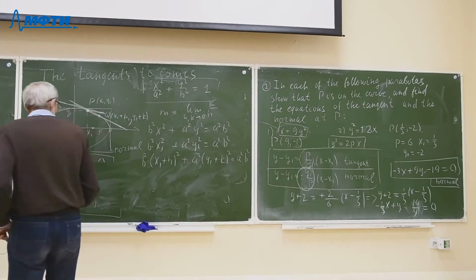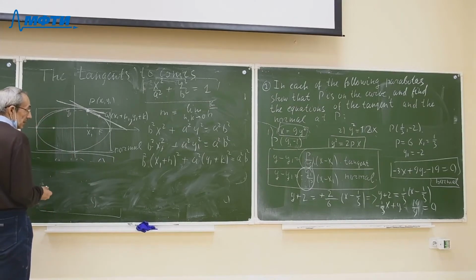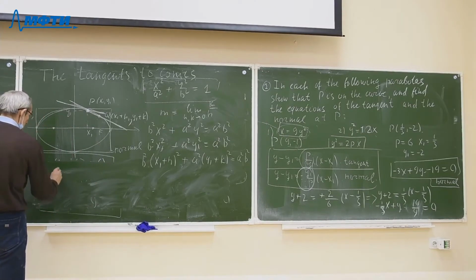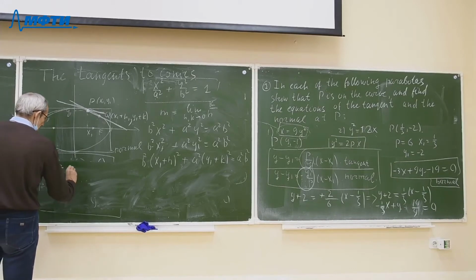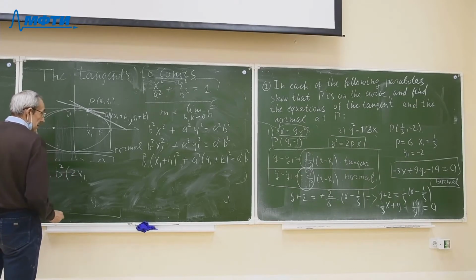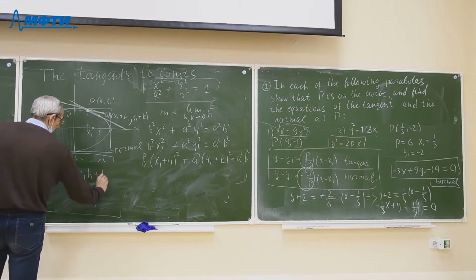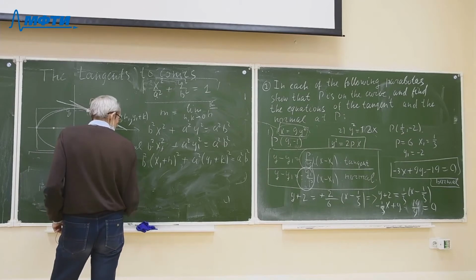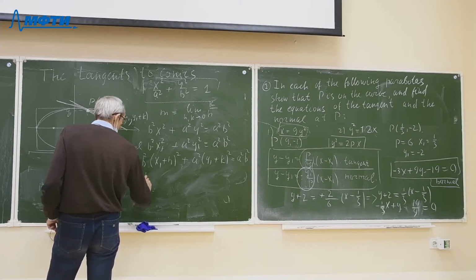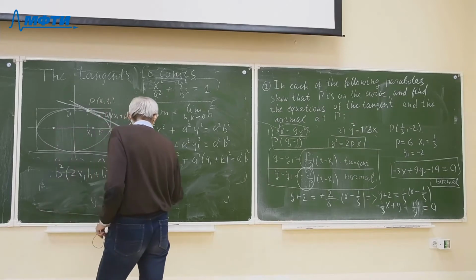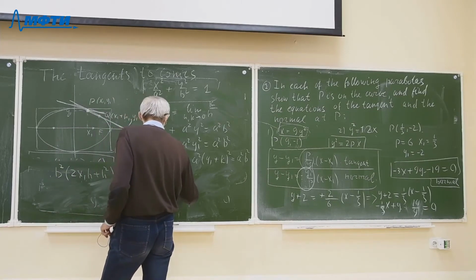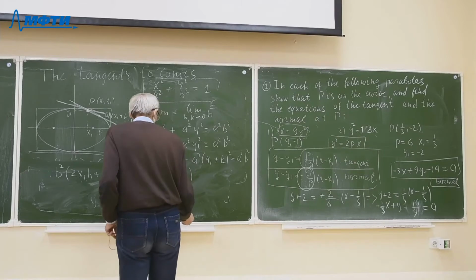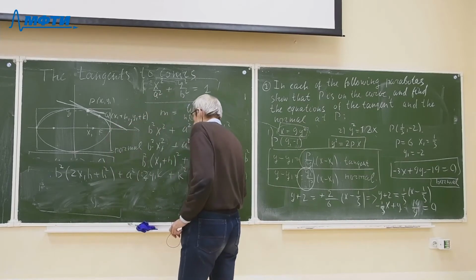After subtraction, we obtain the following equality: b squared (2x1h plus h squared) plus a squared (2y1k plus k squared) is equal 0.